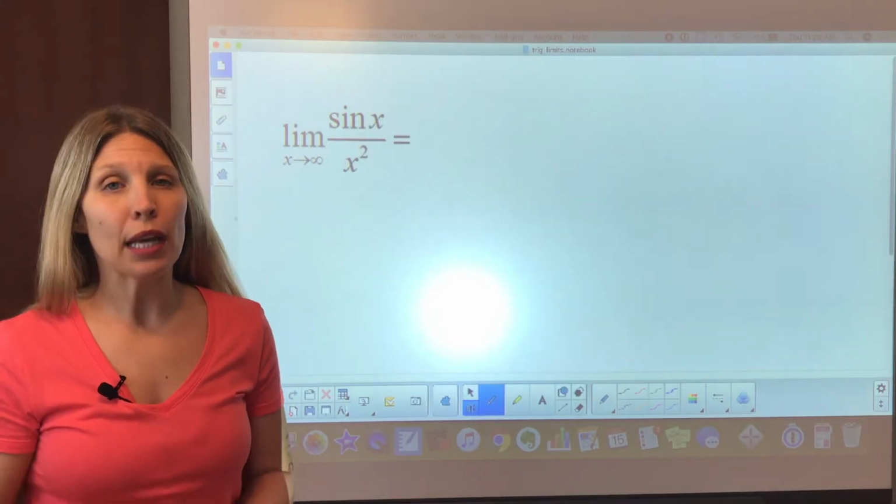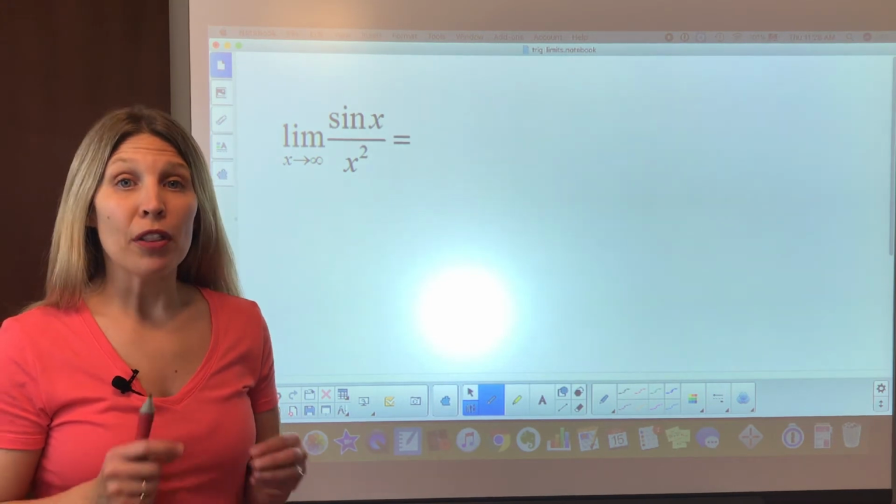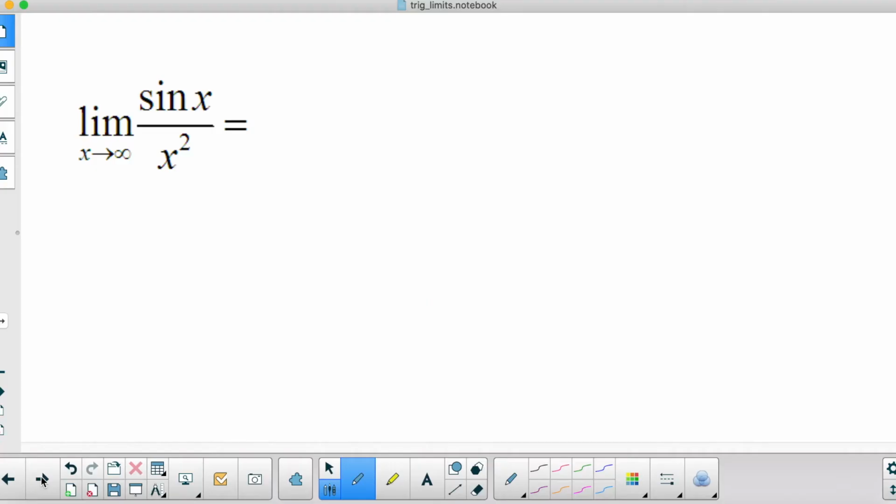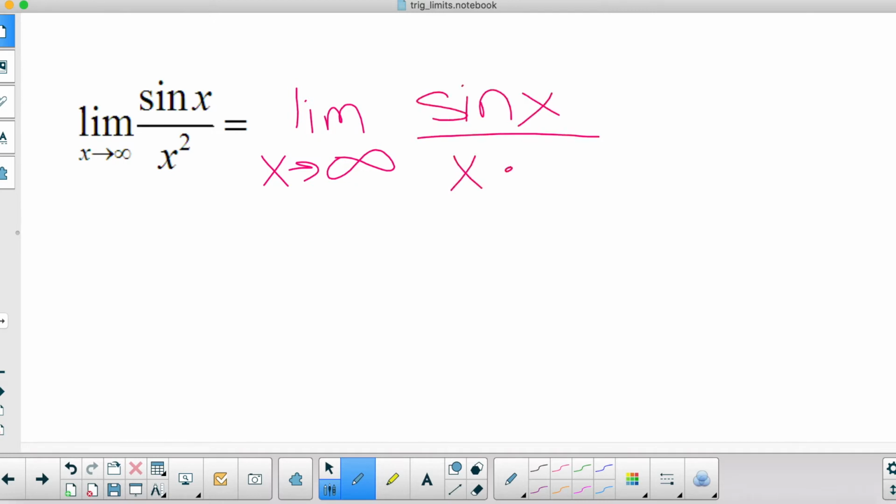In this problem, again, you cannot plug in infinity, but this is one of those where we can use the trig toolbox of pulling things apart. So I'm going to rewrite this problem as the limit as x goes to infinity of sine x over x times x. And hopefully you're getting excited because you see the limit property right here.